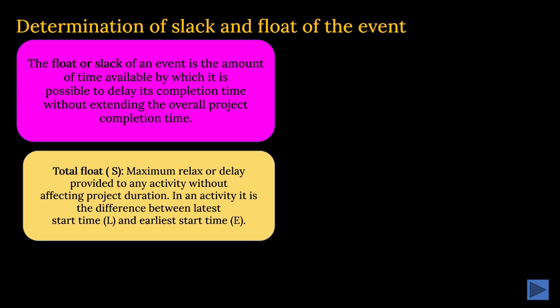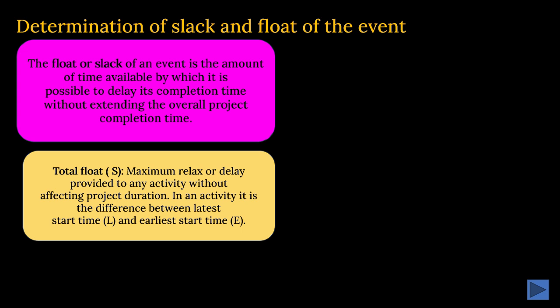Regarding the float, we know the amount of delay possible. In an activity, it is the difference between the latest start time and earliest start time. So the difference between the latest start time and earliest start time is known as the total float or relax. You got my point?